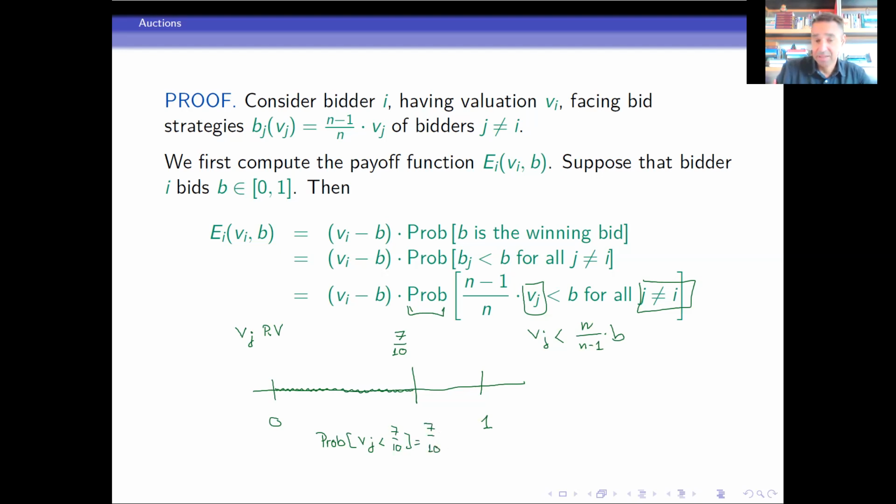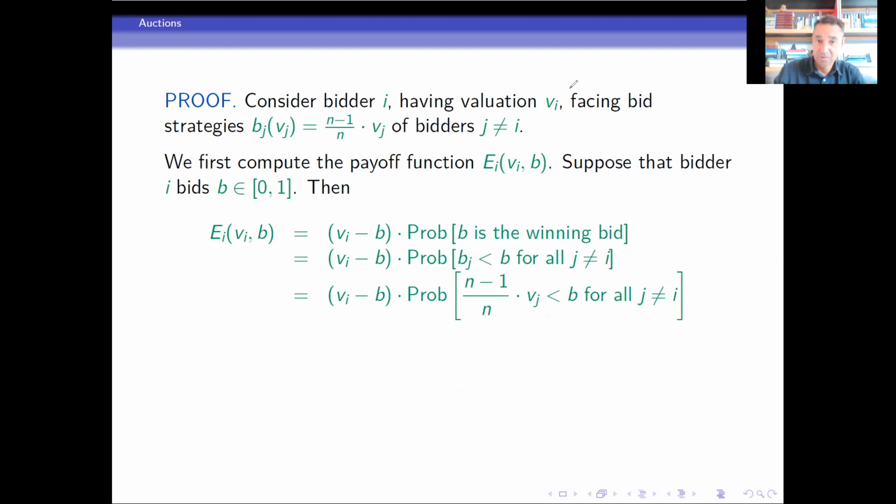And the same way, the probability that Vj is smaller than a half is a half, etc. So the probability that Vj is smaller than this number is, in fact, that number. So that makes it easy.